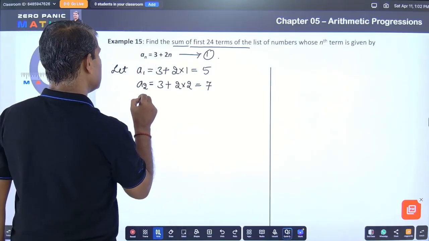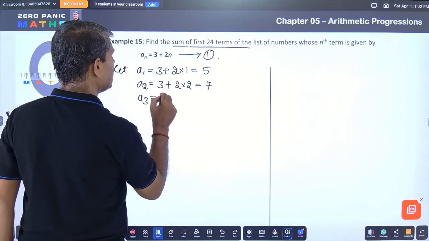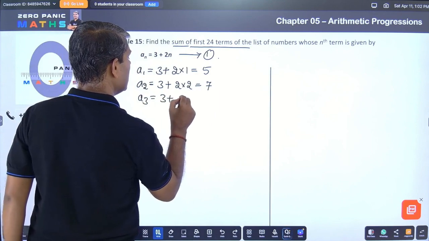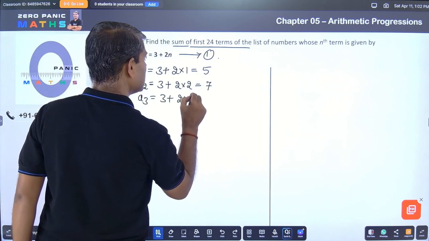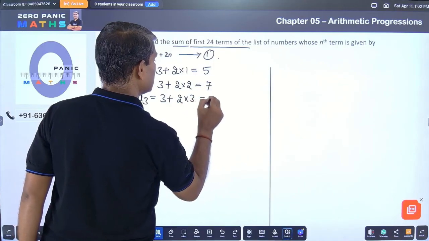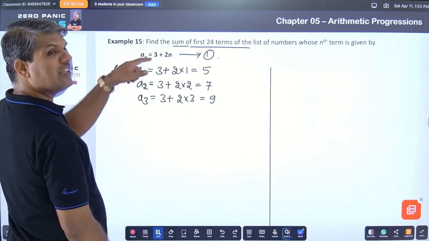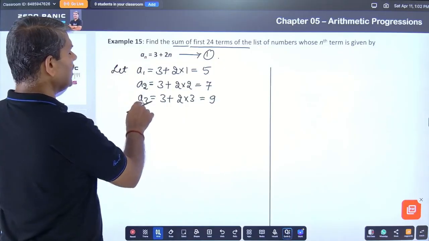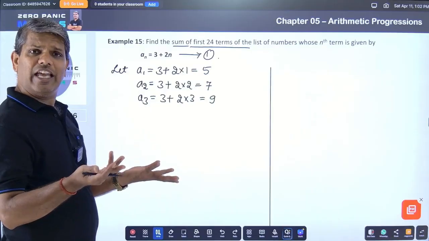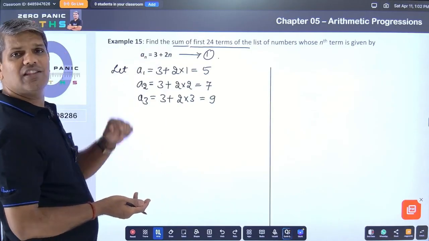What is a3? It is 3 plus 2 into 3, that is 6 plus 3, which is 9. Because this is the nth term they have given, I can derive any term from the nth term formula.